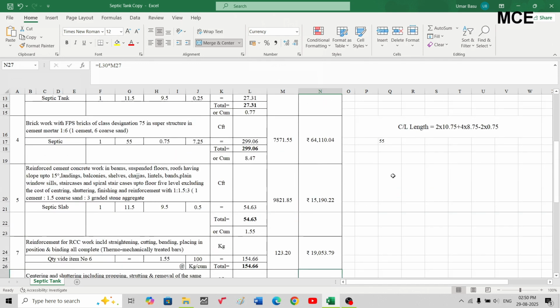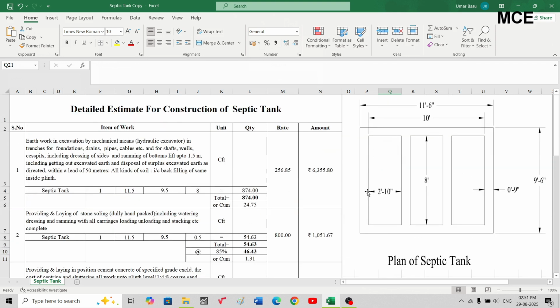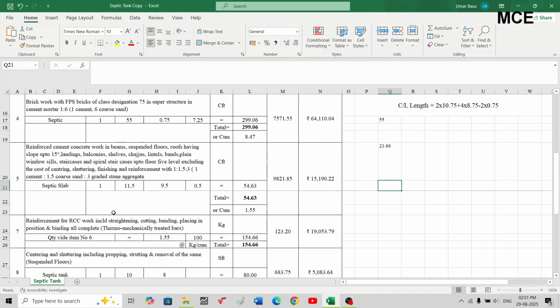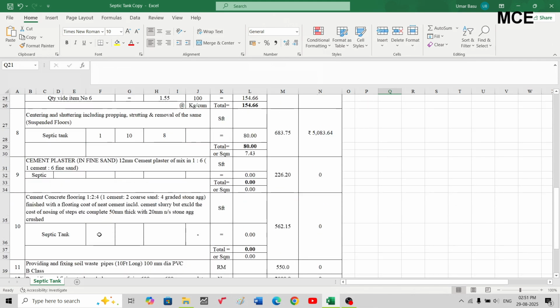That is 8 plus 8 plus 2.83 plus 2.83, which is equal to 21.66 feet, the perimeter of one compartment. We have 3 compartments, so it will be 3 into 21.66, and the depth is 7.25 feet.